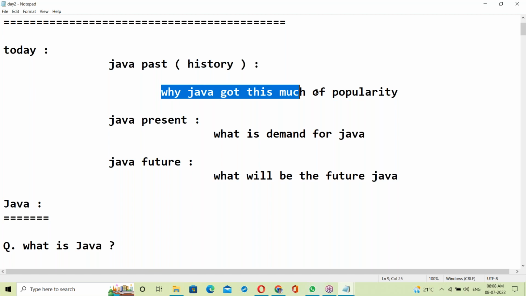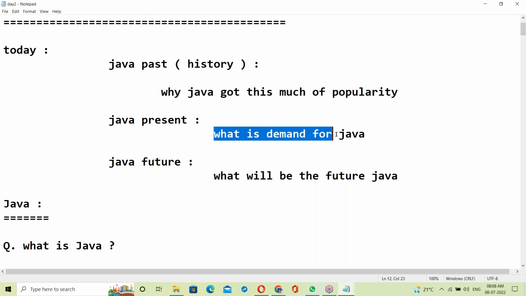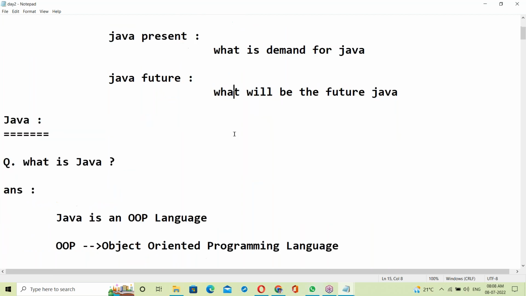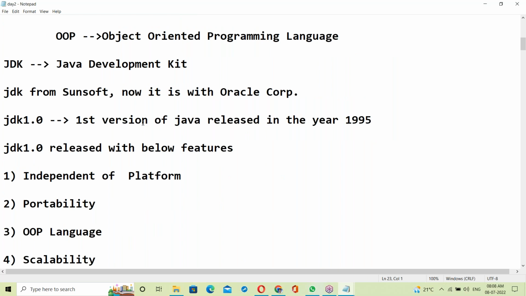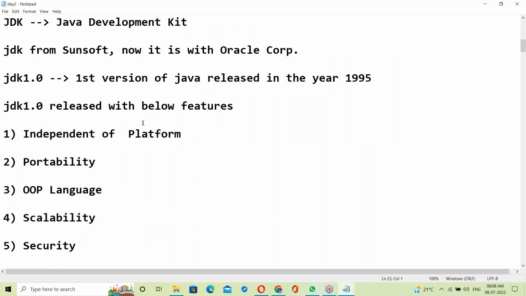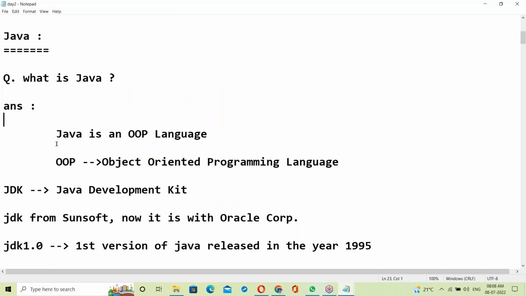Why did it get this much popularity? What is the present question of Java, the features of Java, we discussed. So, about Java, what is Java?